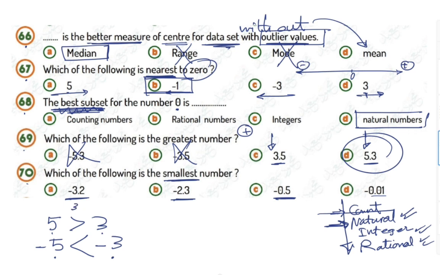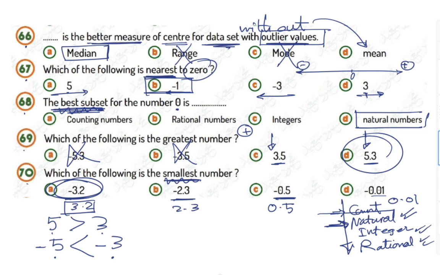You have 3.2, 2.3, half, and 100. Which one is the greatest? This one, right? But he asked us about the smallest. So this is the correct answer. That's the opposite operation. Okay. Now we finished the first question.